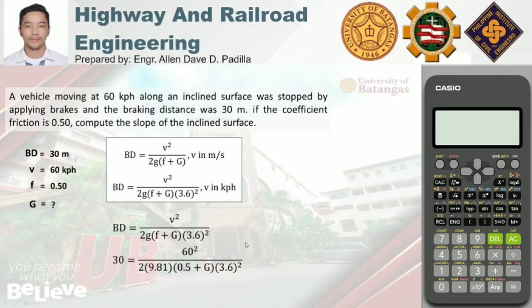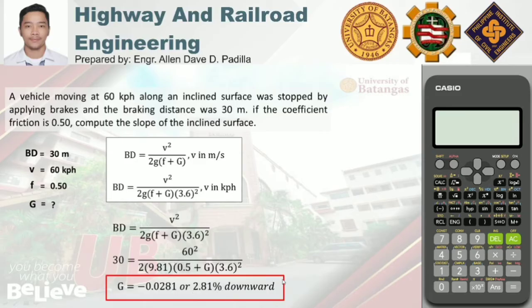So the answer is negative 0.0281 or 2.81% downward. So the slope of the inclined surface is downward.